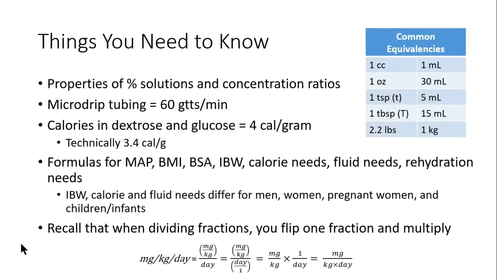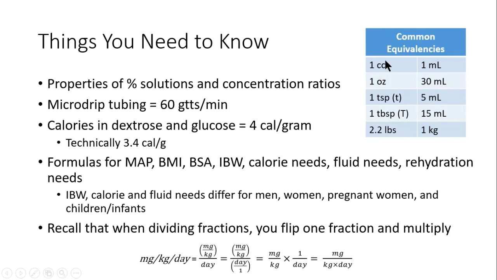Now, when you're dividing by a fraction, it is the same as multiplying times the flipped fraction. So you could rewrite it as milligrams per kilogram times 1 over day, which becomes milligrams over kilogram times day. So just to let you know, if you see milligrams per kilogram per day, it is the same as milligrams over kilograms times day.